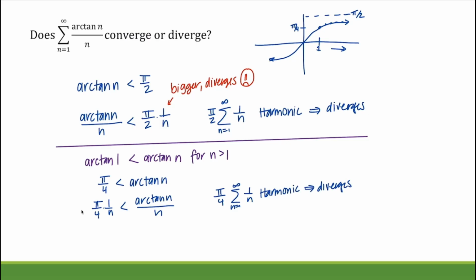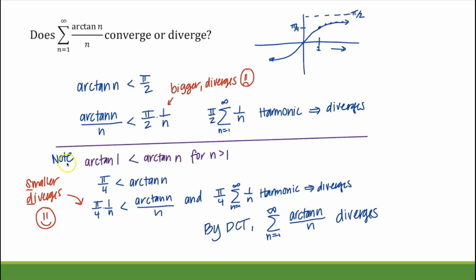But this time, our inequality is saying that the sum of 1 over n is smaller and diverges. So now we have a smaller series that diverges. So this is helpful. Now we can draw a conclusion using the direct comparison test.